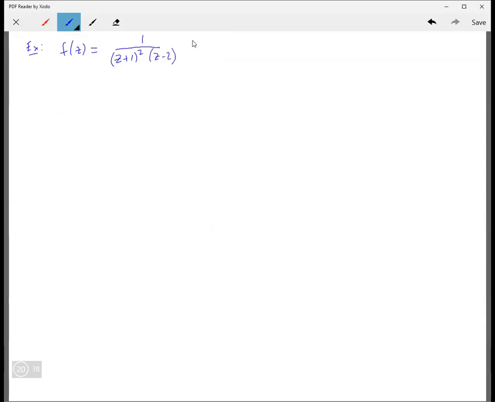And the request is to find a Laurent series centered at z naught equals -1. The example that we just did was a Laurent series centered at 0.